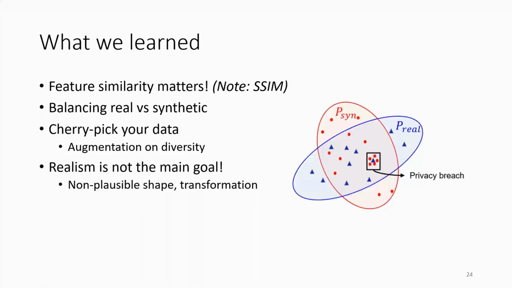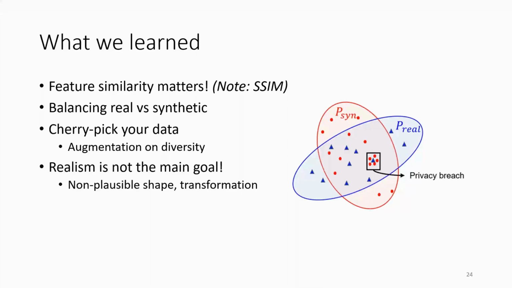Okay, so what we learned so far. Actually, the feature similarity matters. We saw in the VAE reconstruction before, the SSIM is around 84%. I think if we manage to increase this, then it will probably be better because then we have similar features. And balancing through synthetic data matters.